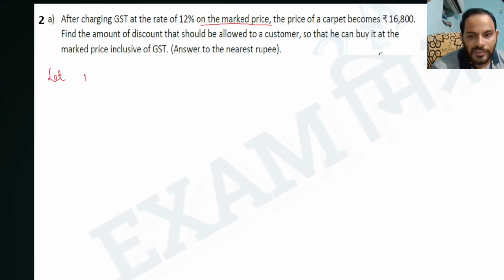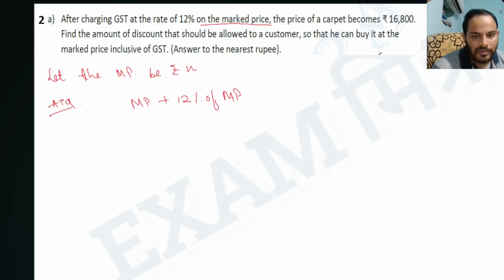Let the marked price be rupees X. Now according to the question, 12% GST is charged on this marked price. That means the marked price plus 12% of the marked price is rupees 16,800.